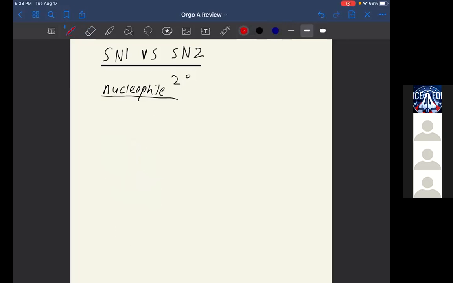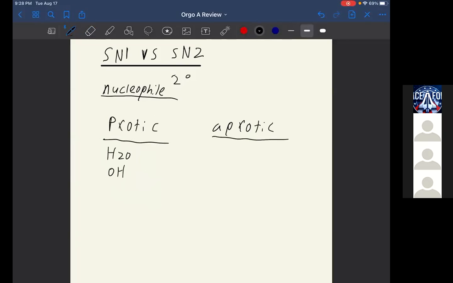So now I'll write out what a protic solvent is compared to an aprotic solvent. Protic solvents that Dr. Paull always used were H2O, anything alcohol, so ethanol, methanol, OH-based solvents, acetic acid, and then NH3, also known as ammonia.